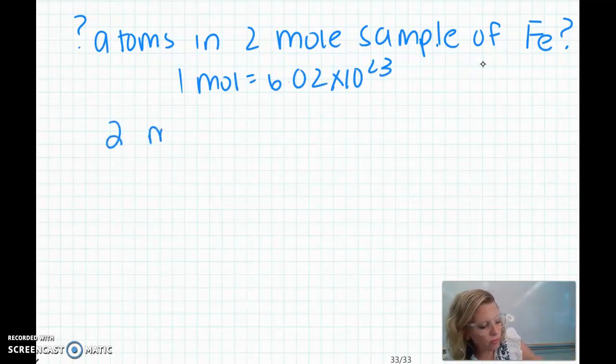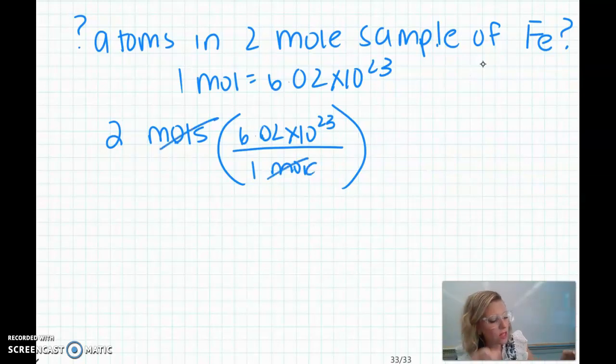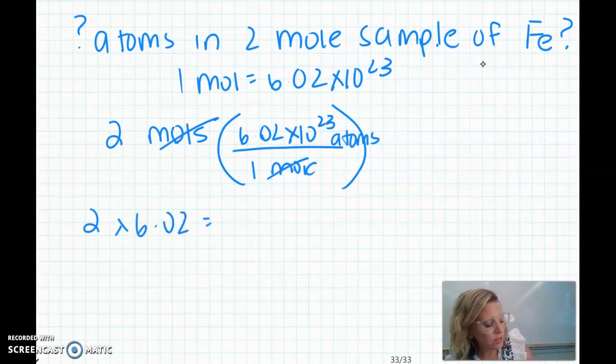We have 2 moles times 6.02 times 10 to the 23rd over 1 mole. Moles cancel, and we're left with just a multiplication problem. 2 times 6.02 is going to give us 12.04.